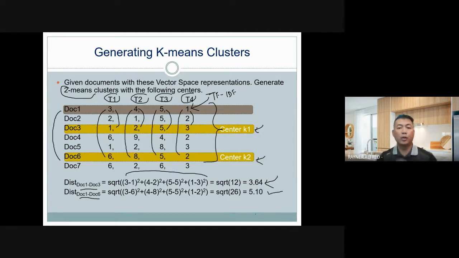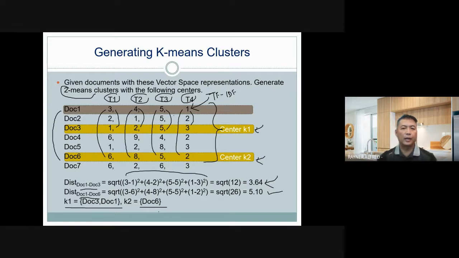Based on the number, the smaller the number, the closer they are. So document 1 is closer to document 3. That means I will assign document 1 to the document 3 cluster. Okay, so this is the cluster.